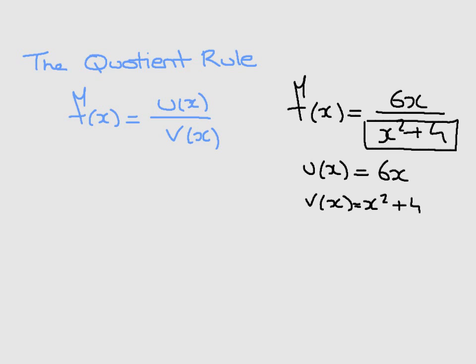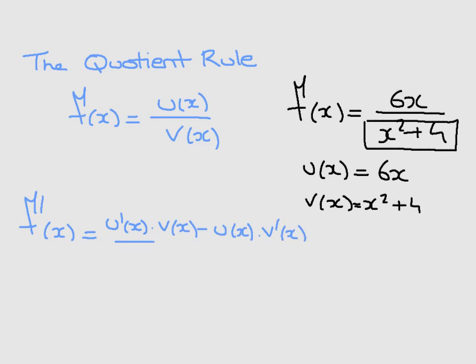Now, going back to what we were writing in blue here, if I have a function f of x equal to u of x over v of x, then the derivative function f dash of x is going to be equal to u dash of x times v of x minus u of x times v dash of x.